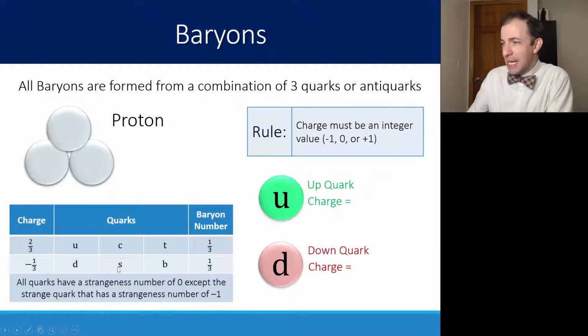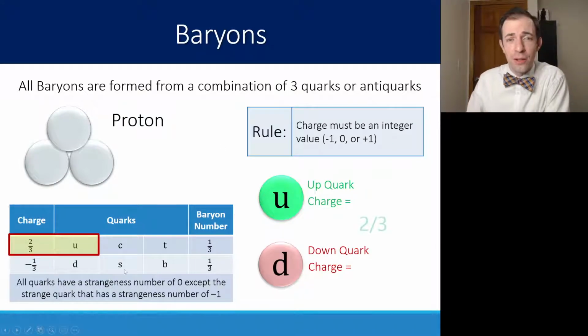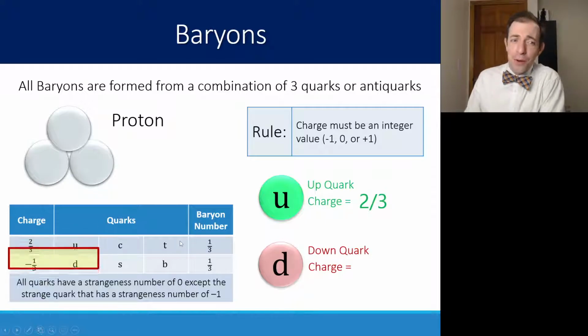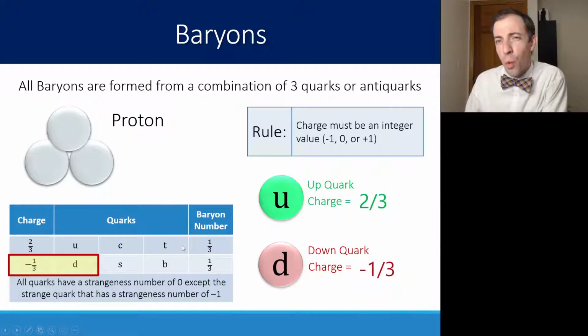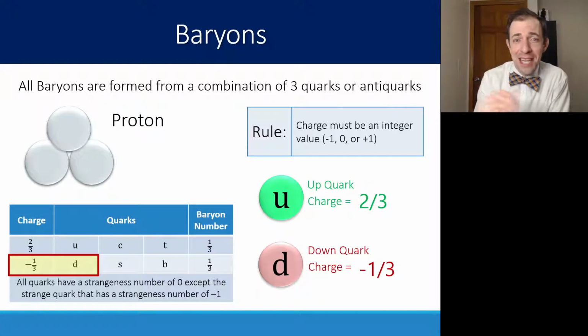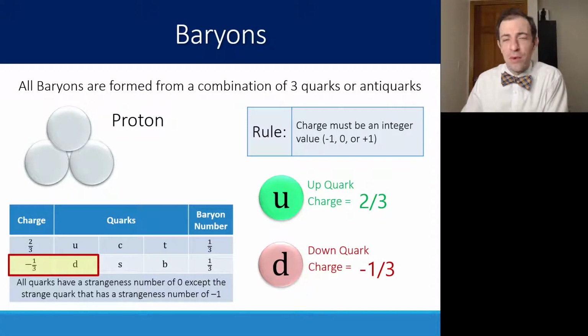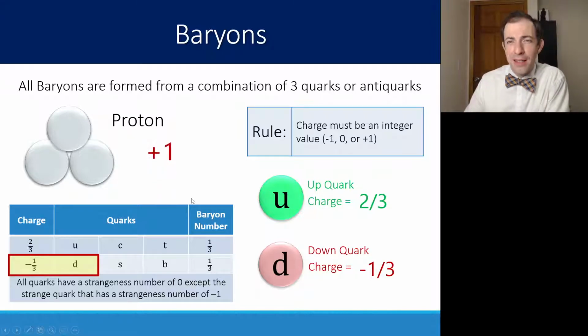Now, if you look at your table here, you'll see that the up quark has a charge of 2/3 and the down quark has a charge of minus 1/3. With that as our possible combination, our rule is that the charge will always end up being an integer that's -1, 0, or +1. We know that a proton has a +1 charge.